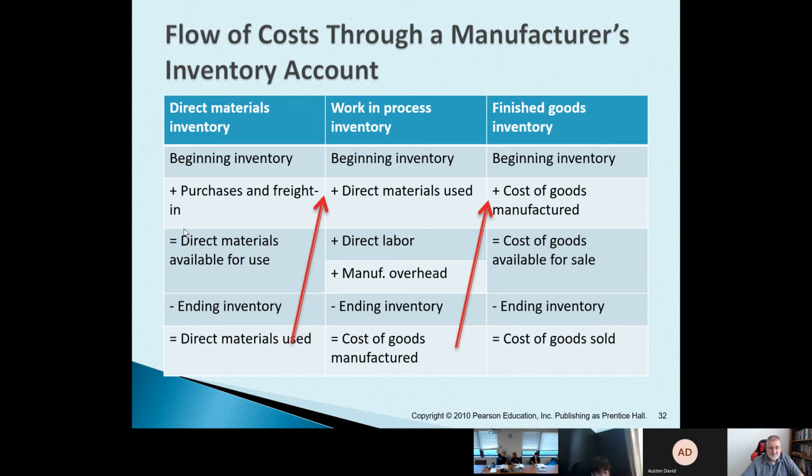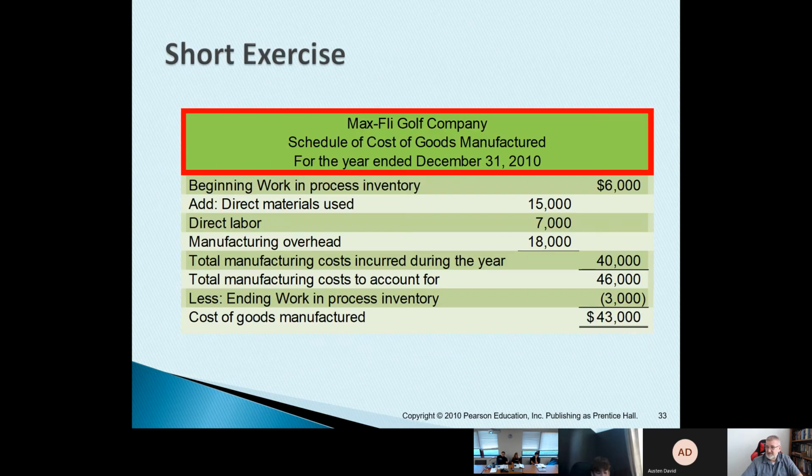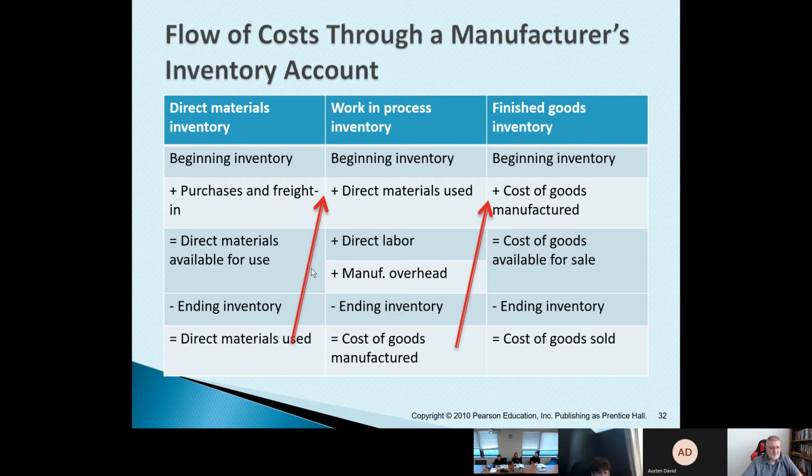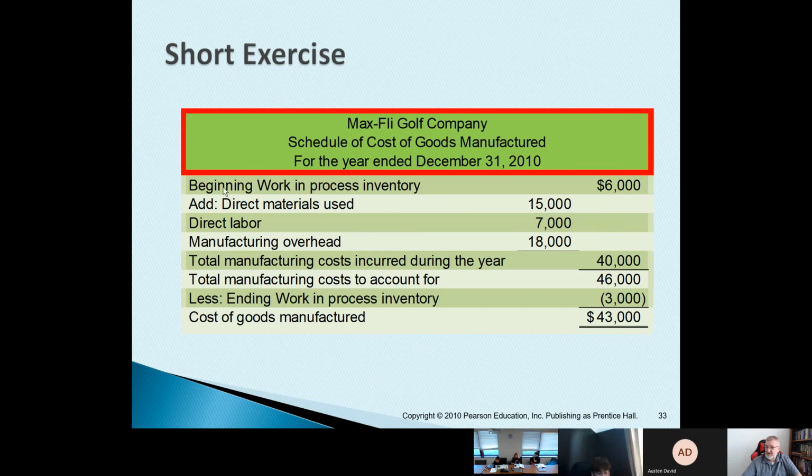Okay, so let's look at it in a spreadsheet. This is a short, simple exercise, okay? You guys can look at this. This is one of those nice to know slides. So our beginning work in progress inventory was $6,000 worth of stuff that was being worked on.